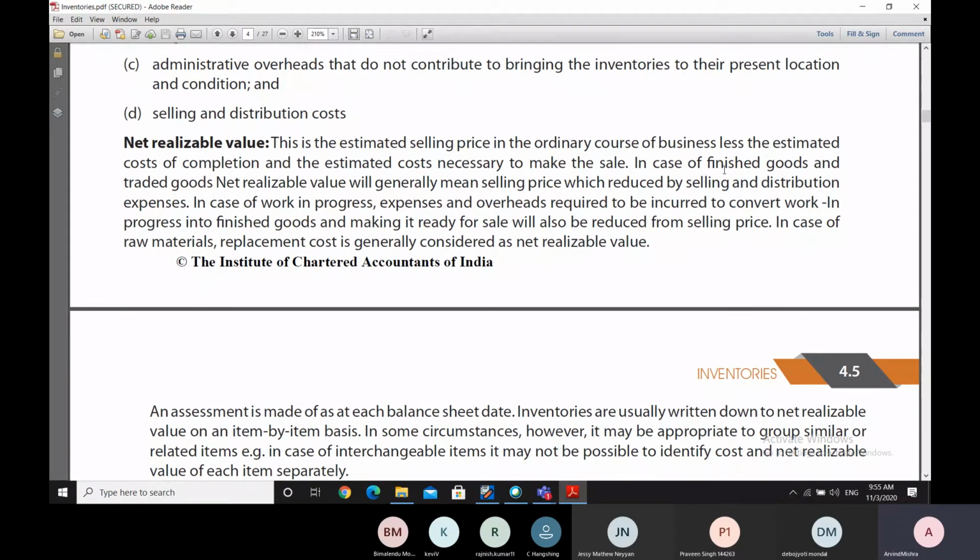So in case it is finished goods and traded goods, net realizable value will generally mean the selling price. The selling price would be reduced by the selling and distribution expenses.